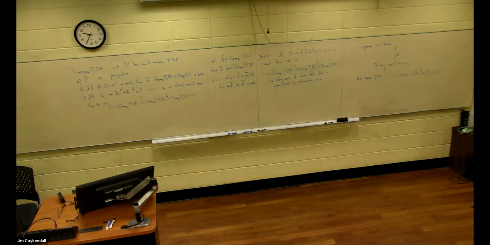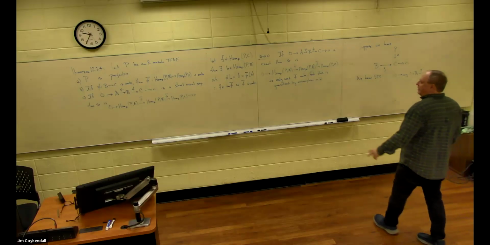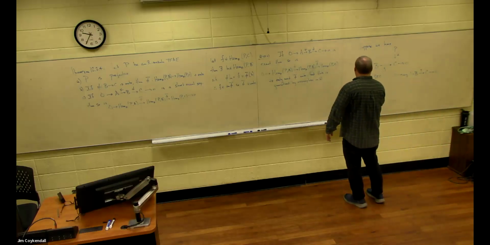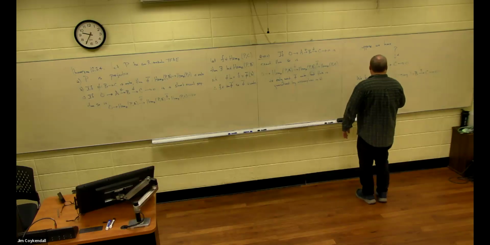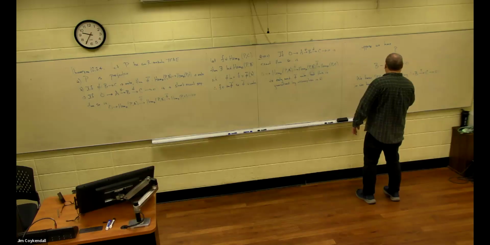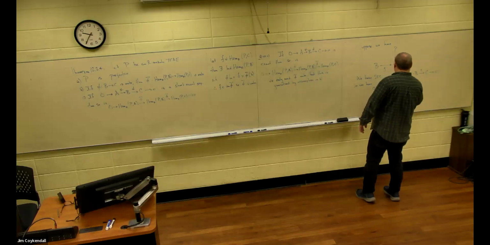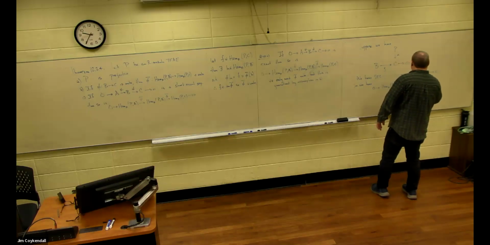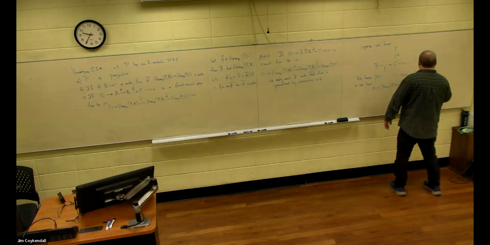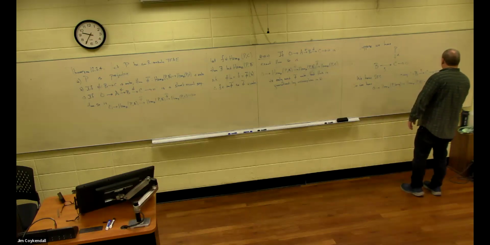And what we know from part C is that given this, we have the short exact sequence 0 to Hom_R(P, ker g) to Hom_R(P, B) to Hom_R(P, C) to 0.